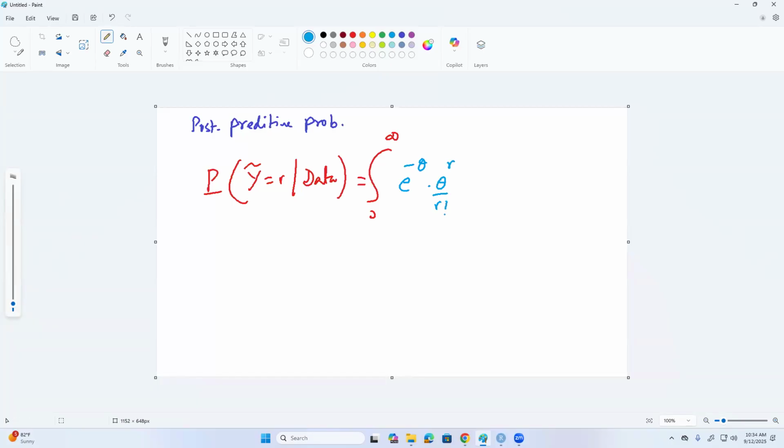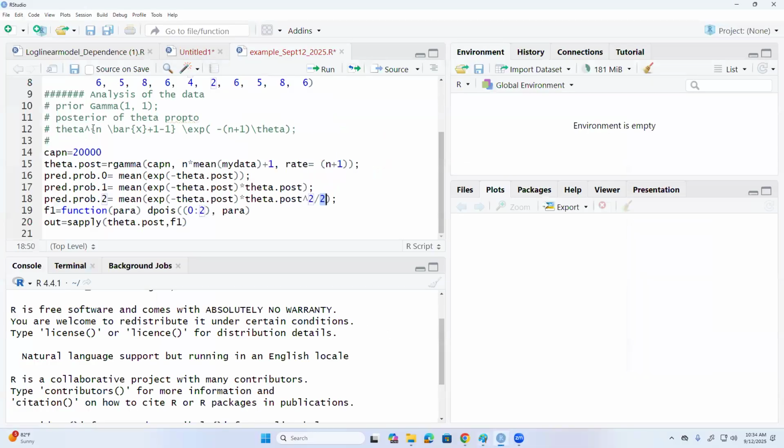This is the Poisson probability mass function, and you integrate with respect to the posterior density of theta. So let's do that.